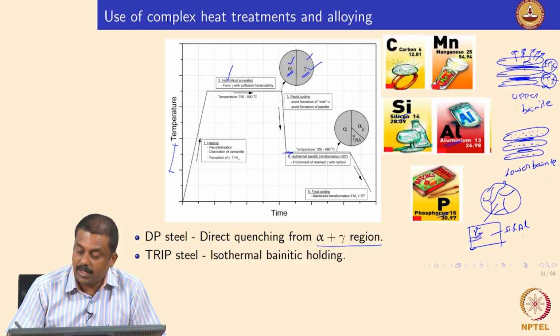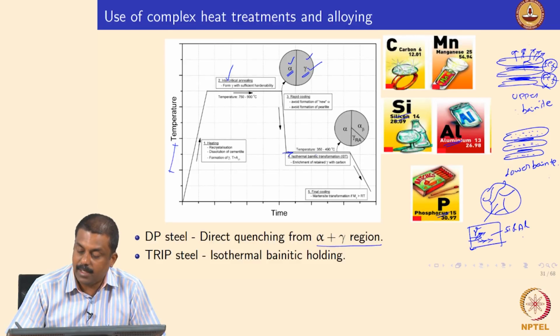So, if cementite has to nucleate, then these silicon and aluminum atoms have to be pushed away, but the diffusion of silicon and aluminum is extremely slow, and we end up delaying the formation of cementite at the interlath locations. So, what will happen then? Because of that, your austenite is actually getting enriched in carbon.